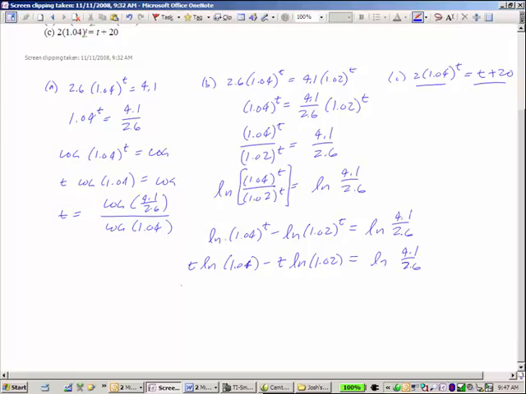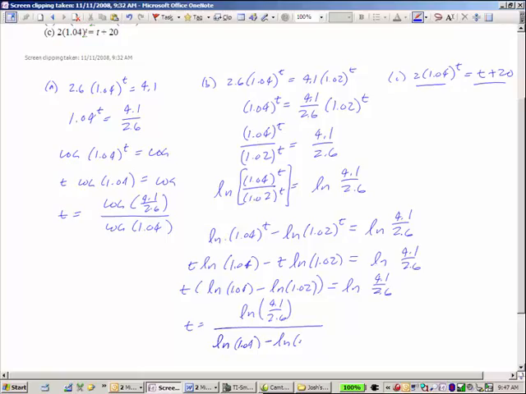If you factor the t out, now you're ready to solve. So do you see how you can now divide? So you can do, whoops. T is equal to the natural log of 4.1 over 2.6 all over the natural log of 1.04 minus the natural log of 1.02.